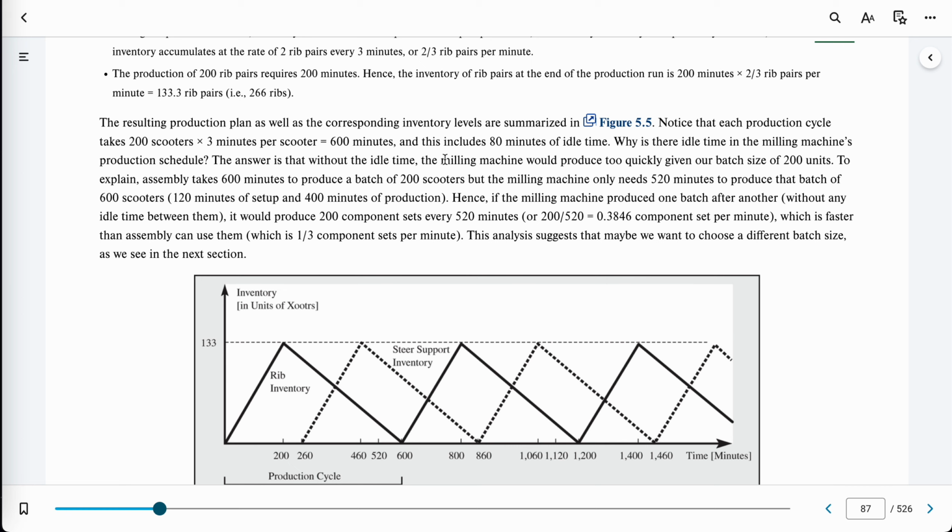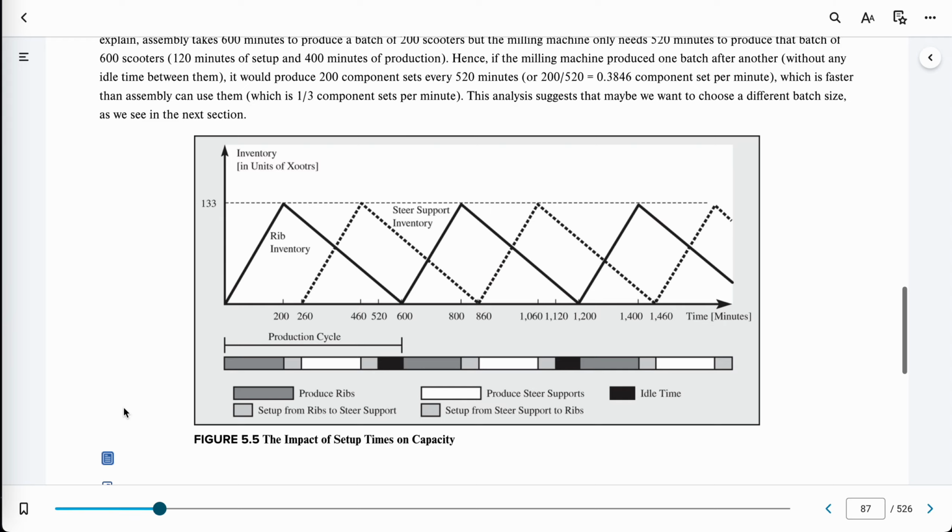That's why there are 80 minutes of idle time added in. How do we know it's 80 minutes? Because you can only produce one component every 3 minutes, right? So for 200 components, it takes 600 minutes. So you need 80 minutes of idle time here.